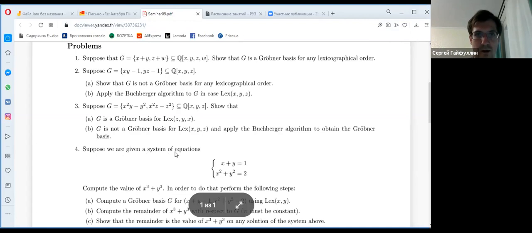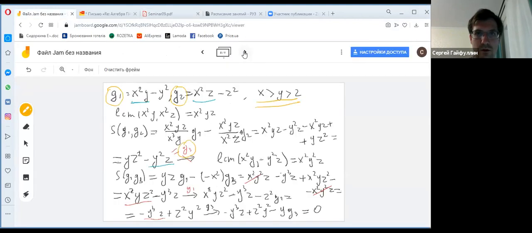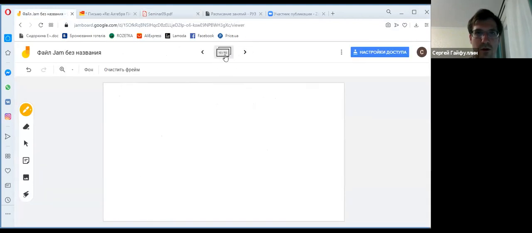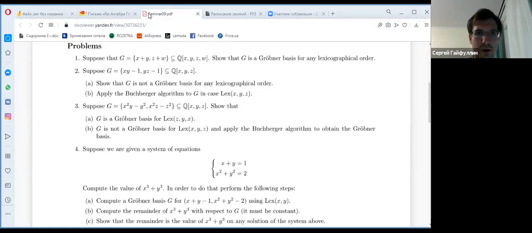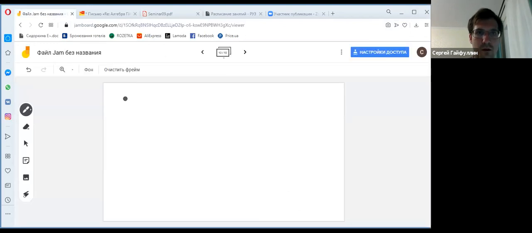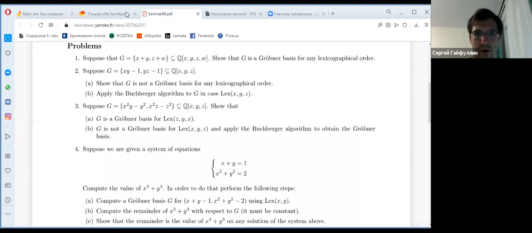We are given a system of equations. Let me just put it down. These equations are x plus y equal to 1, and another one, x squared plus y squared equal to 2.